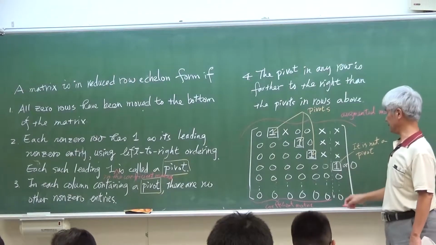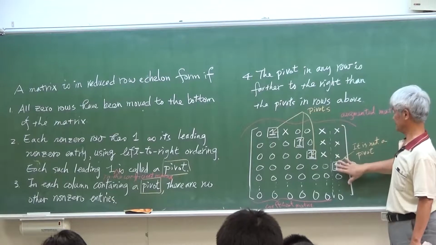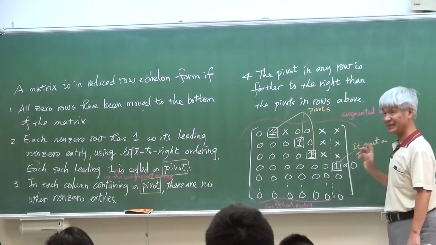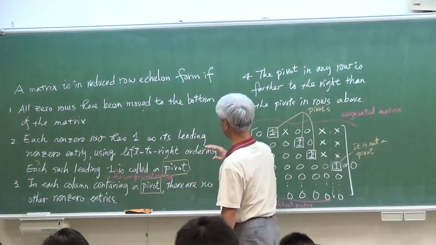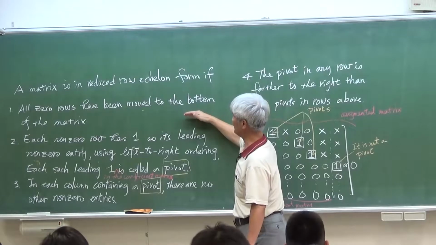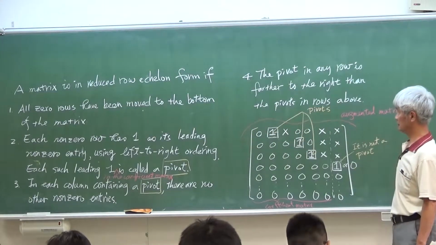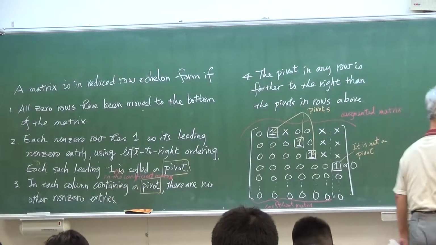That's why, because the right-hand column is very special. Initially I just put a cross here, but I would like to bind it to the one here. Okay. Any questions?